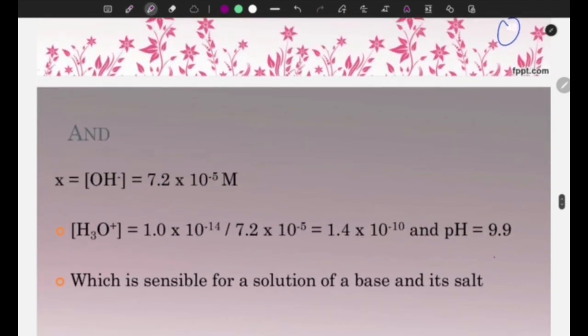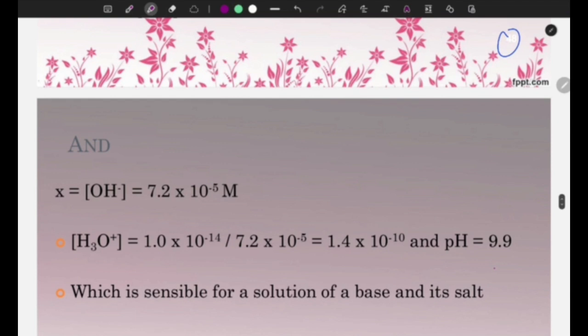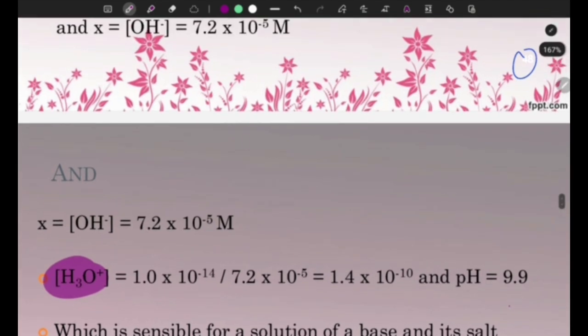Then from the concentration of OH minus, we can find the concentration of H3O plus. We can use the Kw expression, which is Kw equal to concentration of H3O plus times concentration of OH minus.